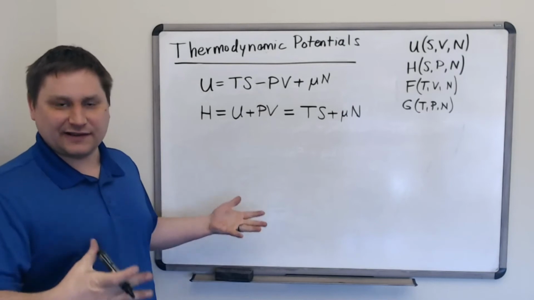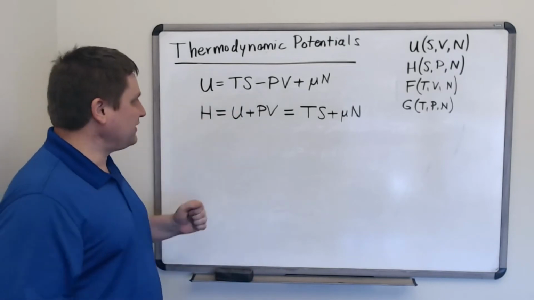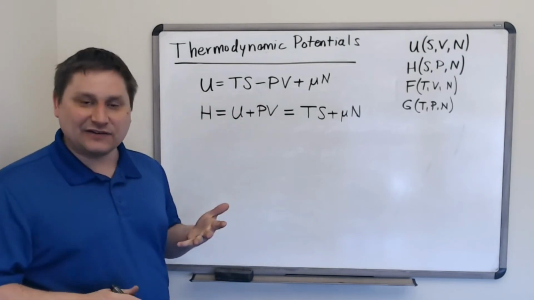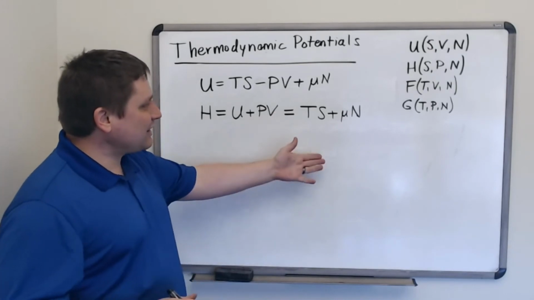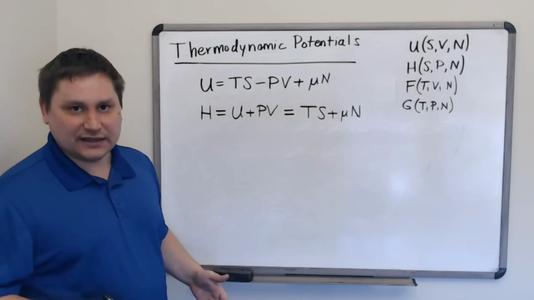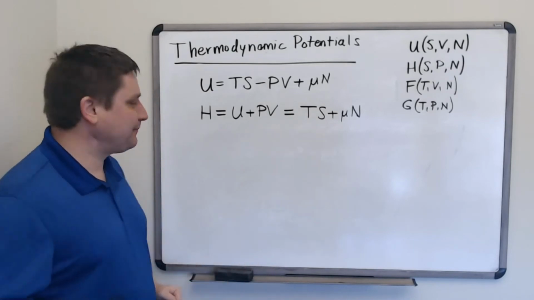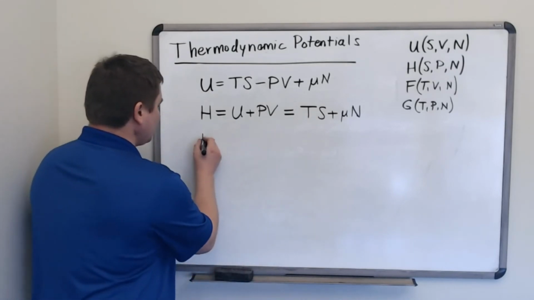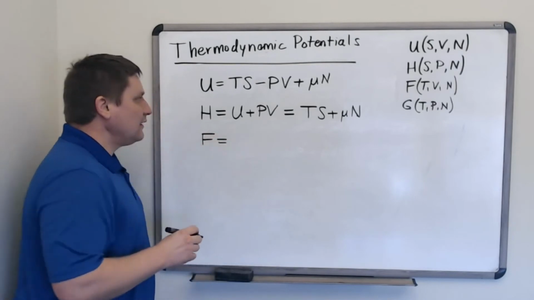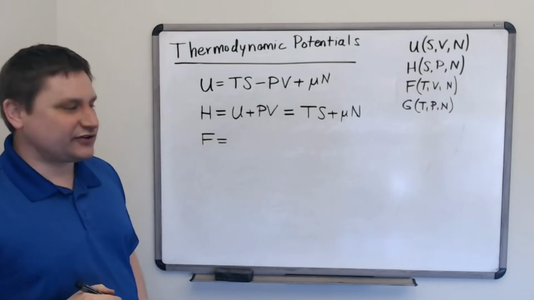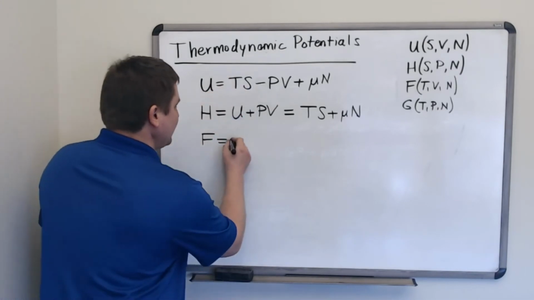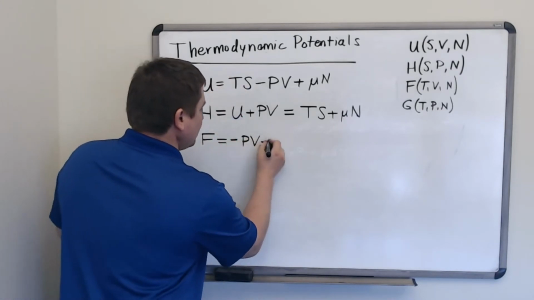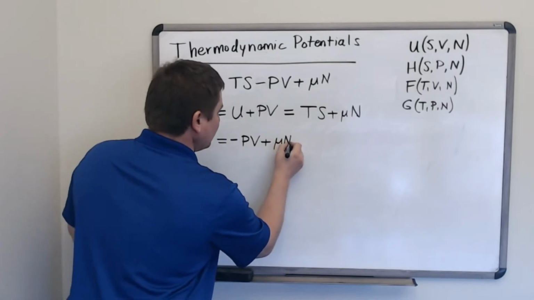Similar comments to this Euler integral form apply to the one for internal energy. It's a nice equation that relates things we might not have expected, but to use it, we pretty much have to know all of the state variables ahead of time. For the Helmholtz free energy, when we subtract Ts, it removes this term, and minus PV plus mu n is all that's left over.